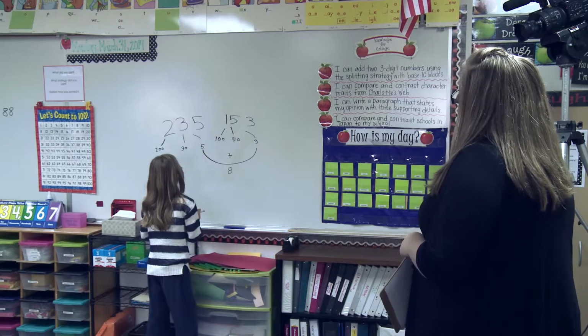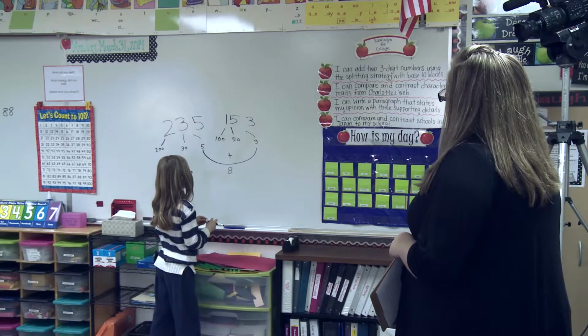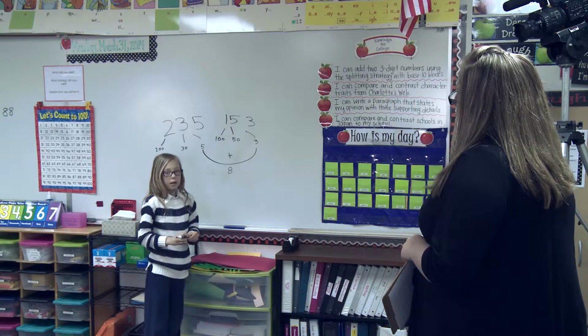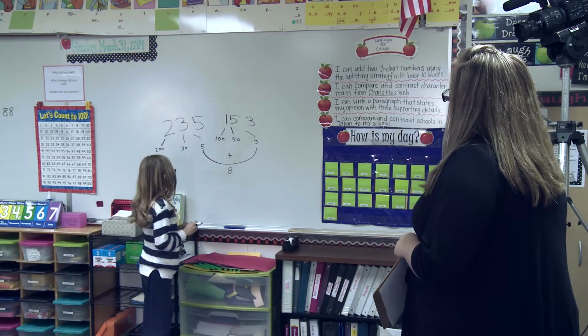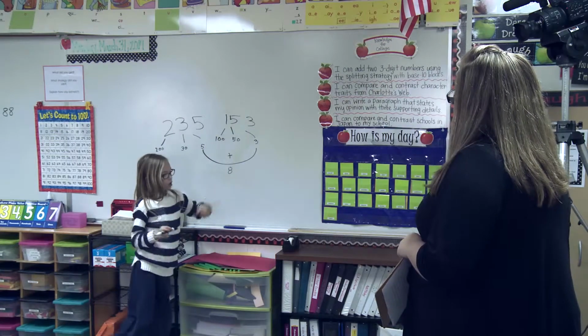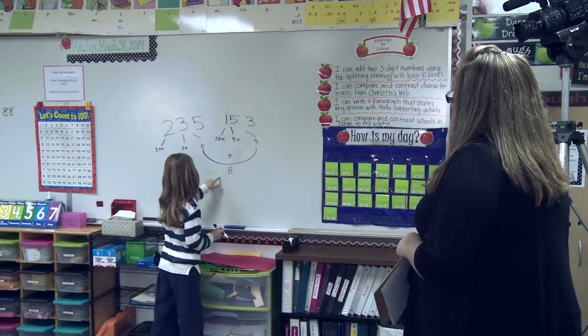Because if this equaled 10, you can't put 2-digit numbers. So I don't have to regroup that.